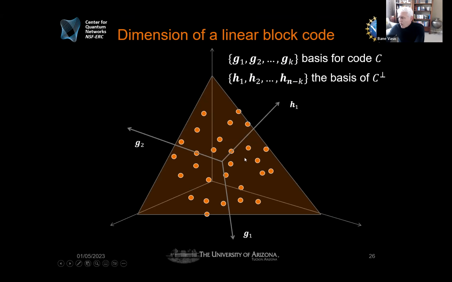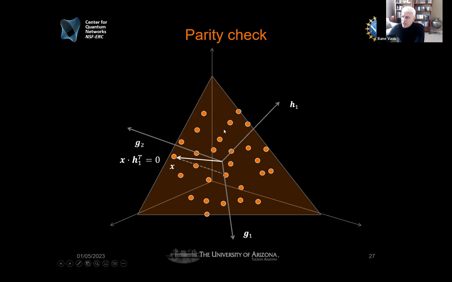So you see now, any point in the subspace can be obtained as a linear combination of basis vectors, rows of G, and these vectors in a dual space will be orthogonal to each of these vectors G, and therefore to any linear combination of vectors G. So now you see that this is a good way to verify whether there is an error.